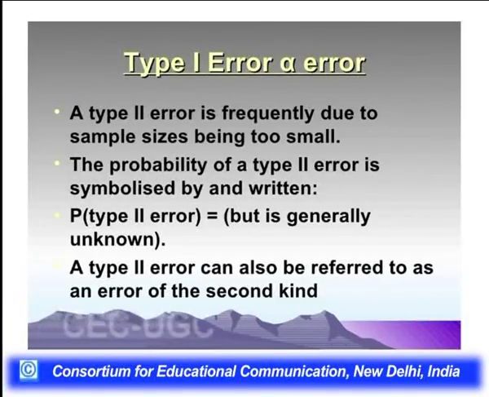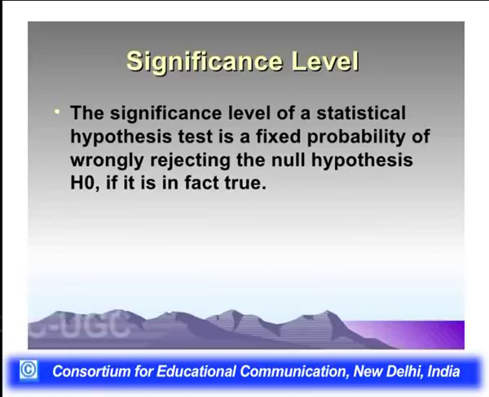Type 2 error is frequently due to a sample size being too small. The probability of type 2 error is symbolized by beta and written as P(type 2 error) is equal to beta, but is generally unknown. A type 2 error can also be referred to as an error of the second type.